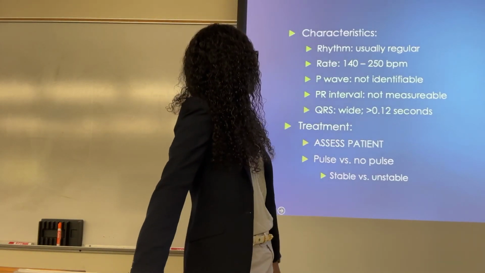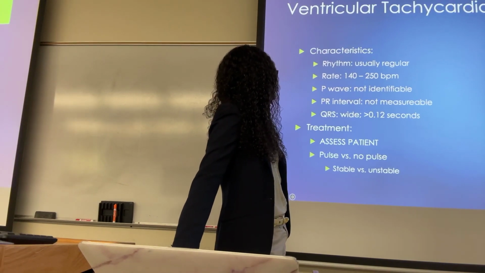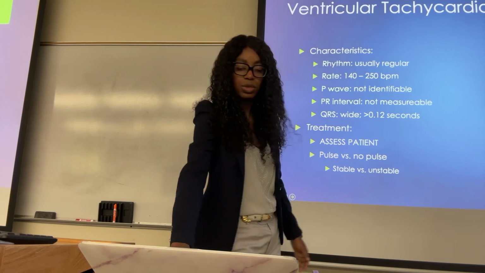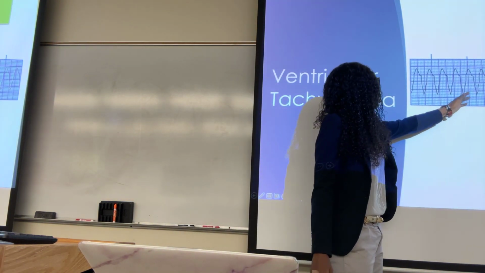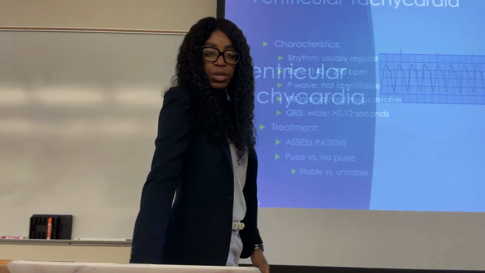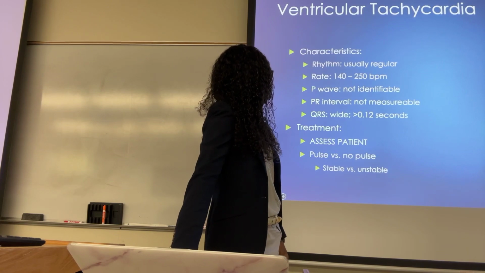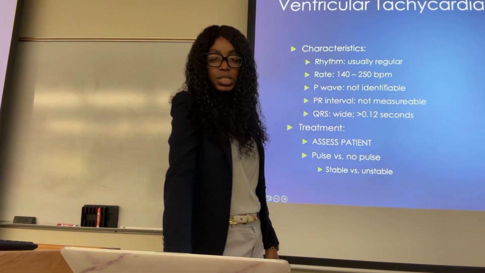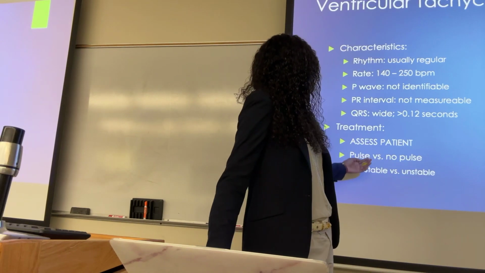The rate 150 to 250 beats, P wave not identifiable, PR interval not measurable, right? So we don't see a P wave in between here. We can't find it, so we can't measure PR. QRS wide, greater than 0.12 seconds. Treatment, we're going to assess the patient and we're going to look at whether they have a pulse.